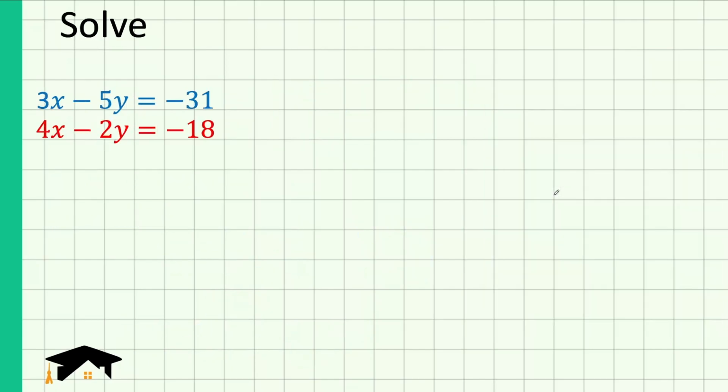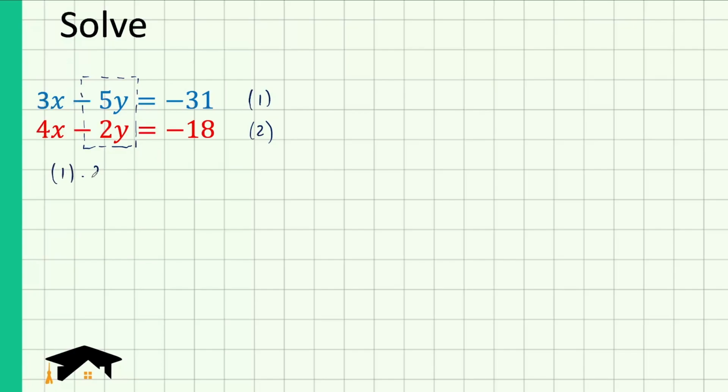Now let's solve this other equation that can be a bit more complicated because it has bigger numbers. Again, let's eliminate the y variable. Let's call this equation 1 and equation 2 and do the same that we did before.